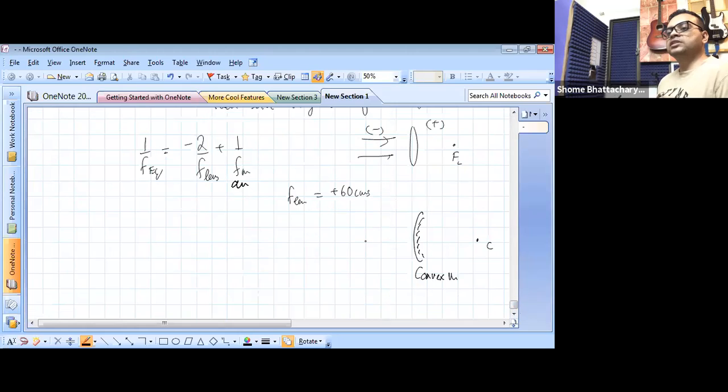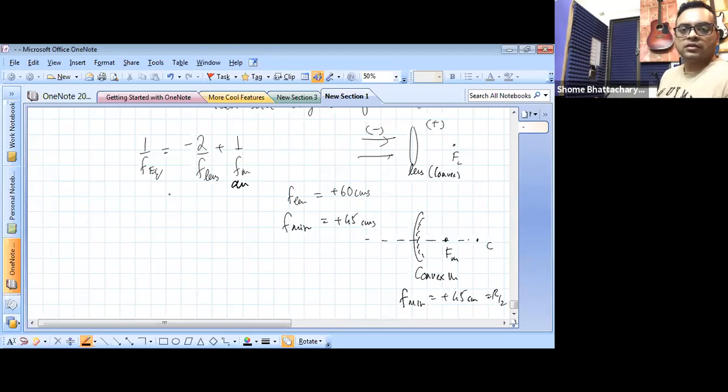The center of curvature is here, and the focal position of the mirror is here. So this also has a positive focal length, plus 45, since it is R by 2. So this is what we will now substitute in the combination formula.